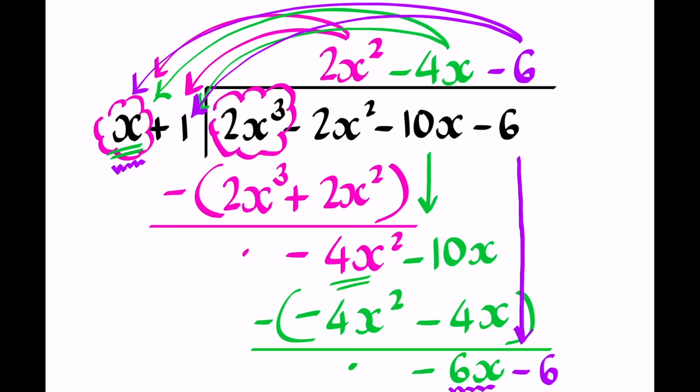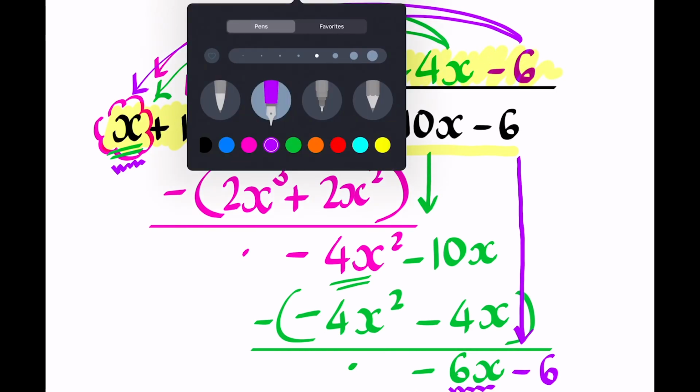So my answer, when I factorize 2x cubed minus 2x squared minus 10x minus 6, is what I divided by, which is a factor, x plus 1, and then I have 2x squared minus 4x minus 6.